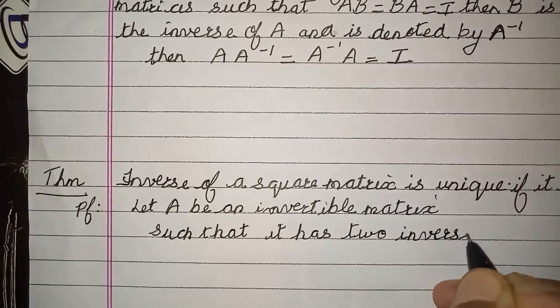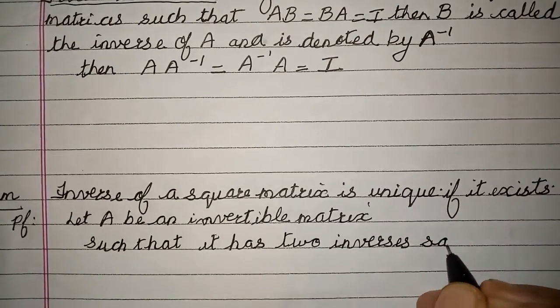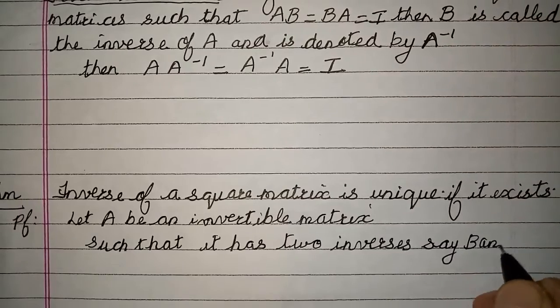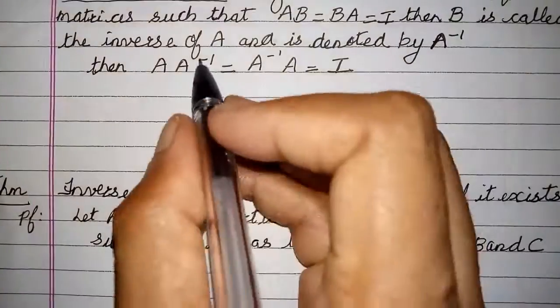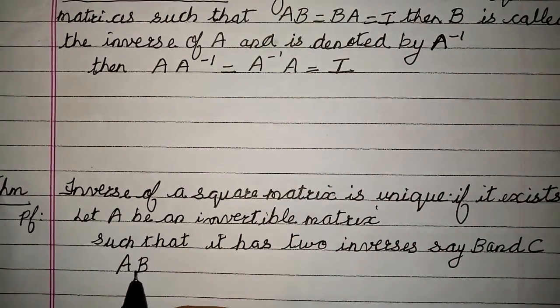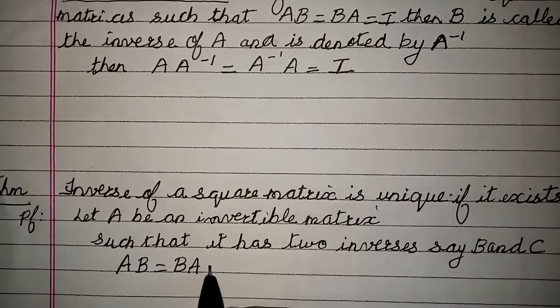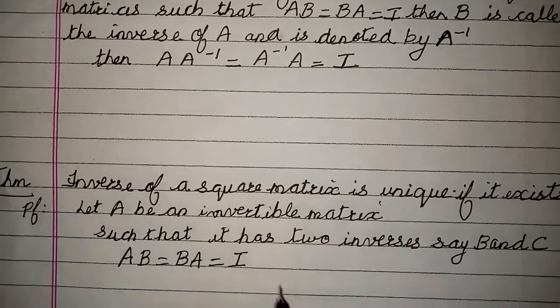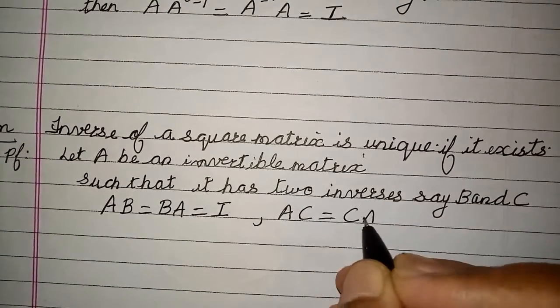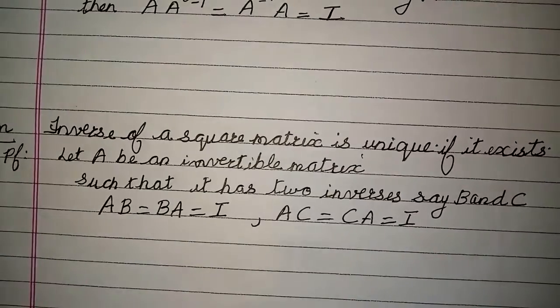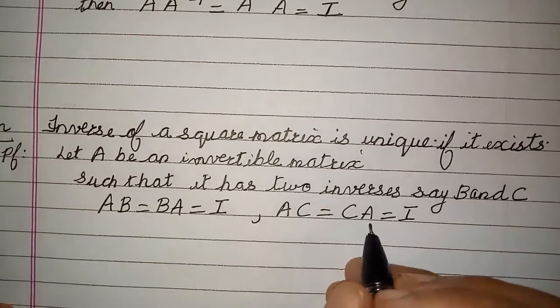Let us name them B and C. By the definition of inverse matrix, what will happen, children? AB will be the same as BA, which will be the same as I. Similarly, AC will be the same as CA, which will be the same as I. This is I by definition.